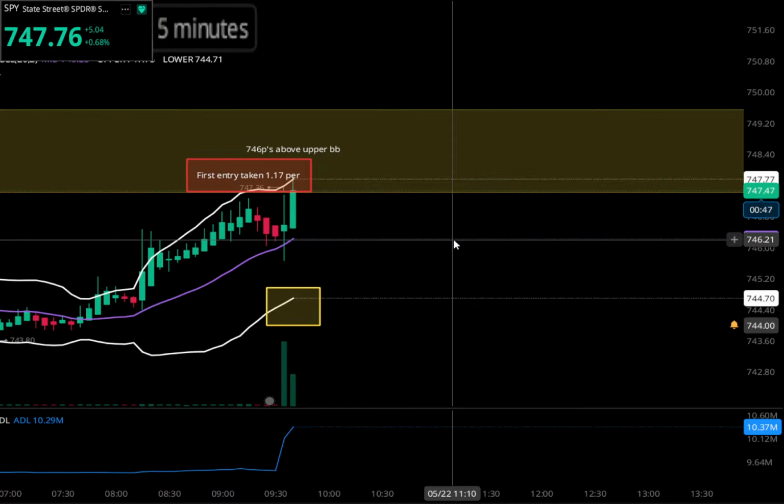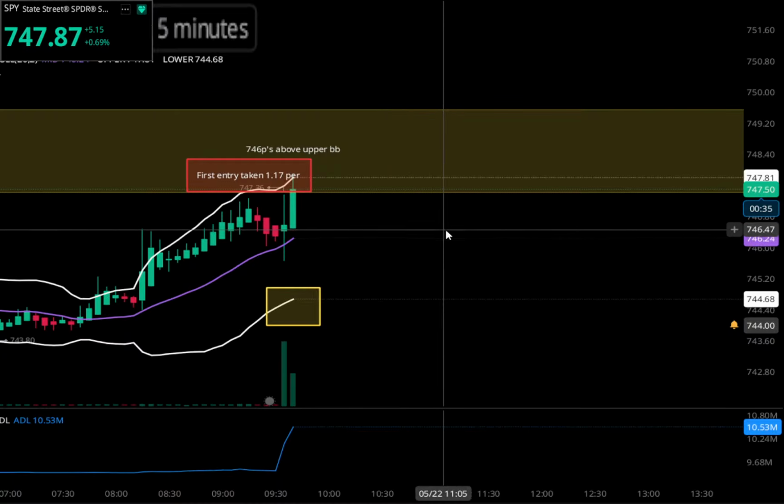For me, I'm doing a market conditional sell order, making sure the price is less than, basically slightly above where our 20 mile is. So that 746.24, let's set ours to 746.31.